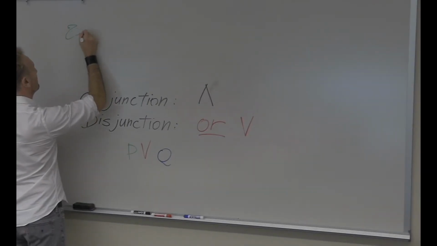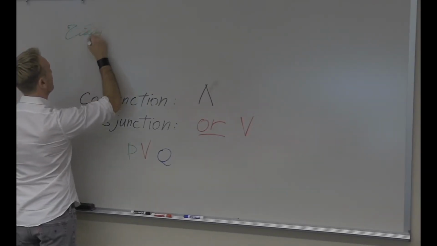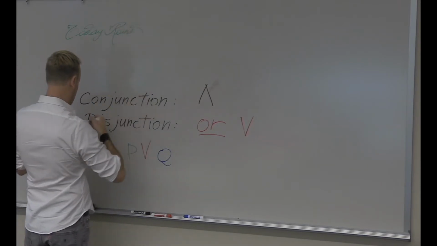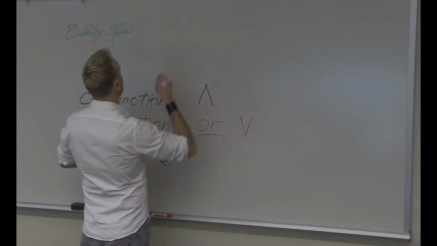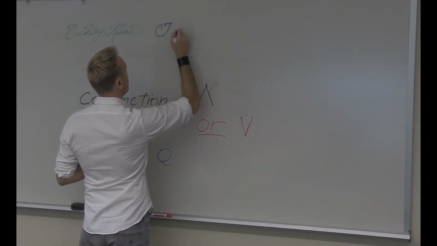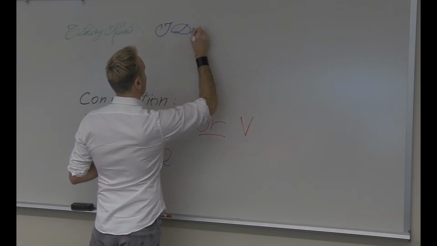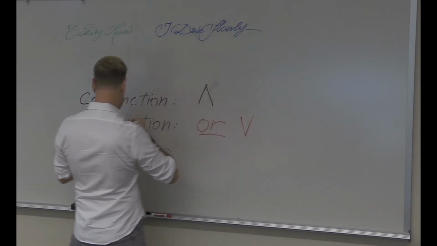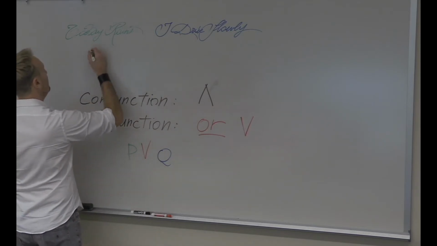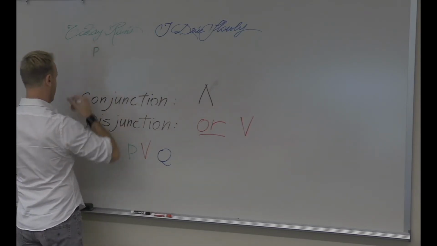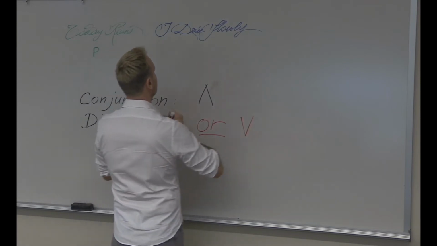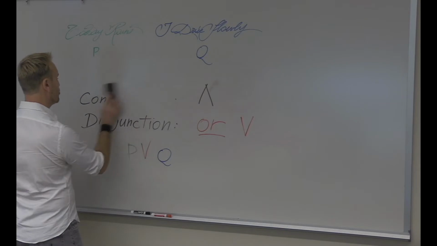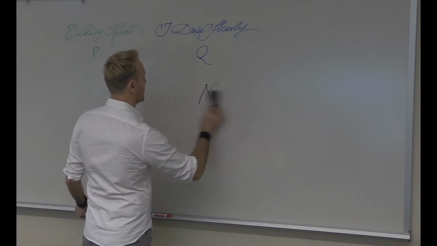Today rains. Today rains, and I drive slowly. Okay. Again, they become P and Q. Okay. And now we'll see what happens with both conjunction and disjunction.